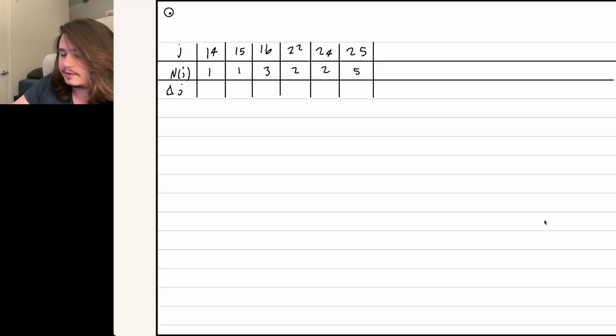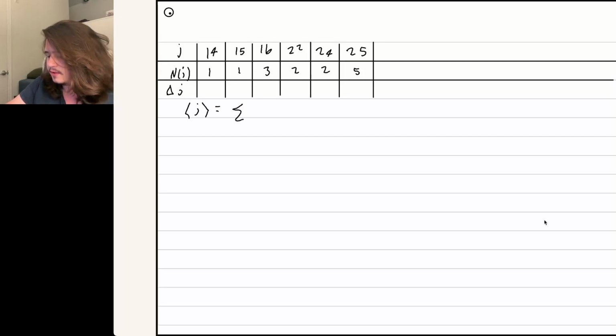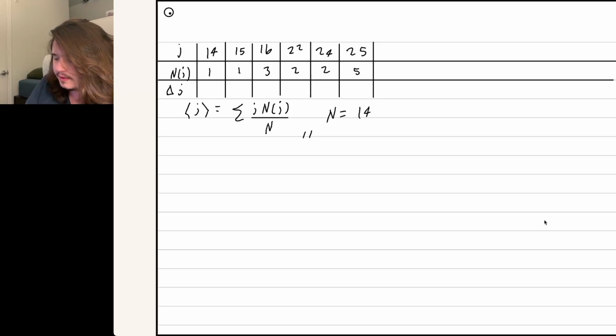All right, so first, let's just do the expectation value of j, which will be given by the formula sum of j times n of j over n, where n will be 14. So it's not too bad.